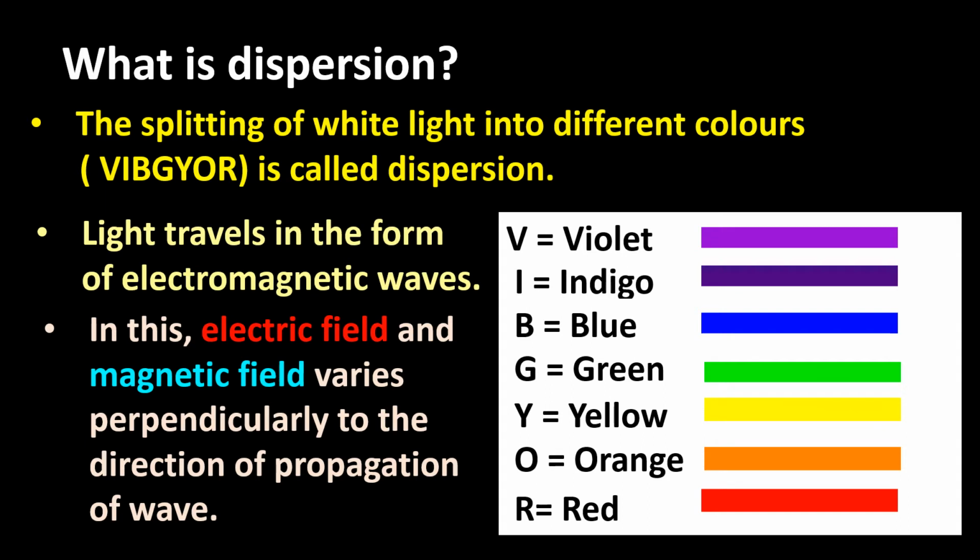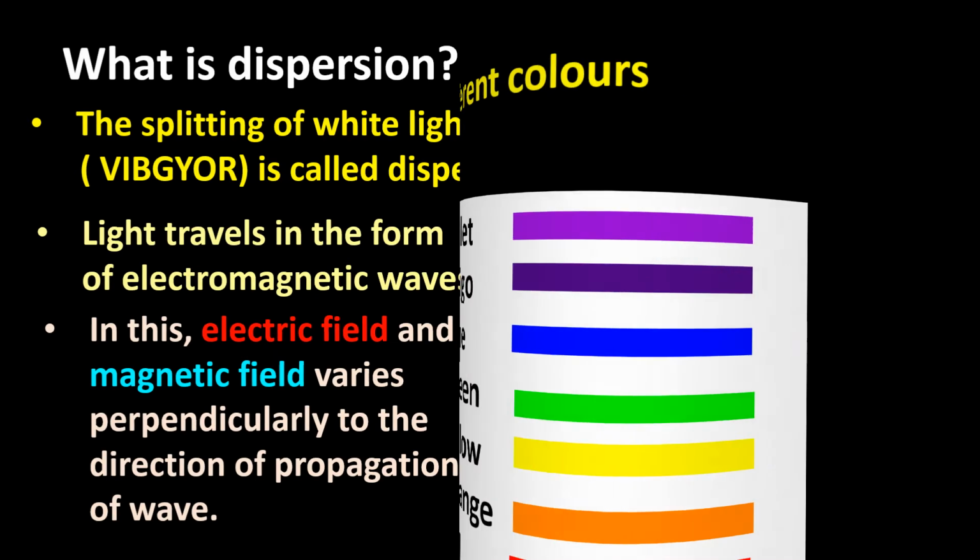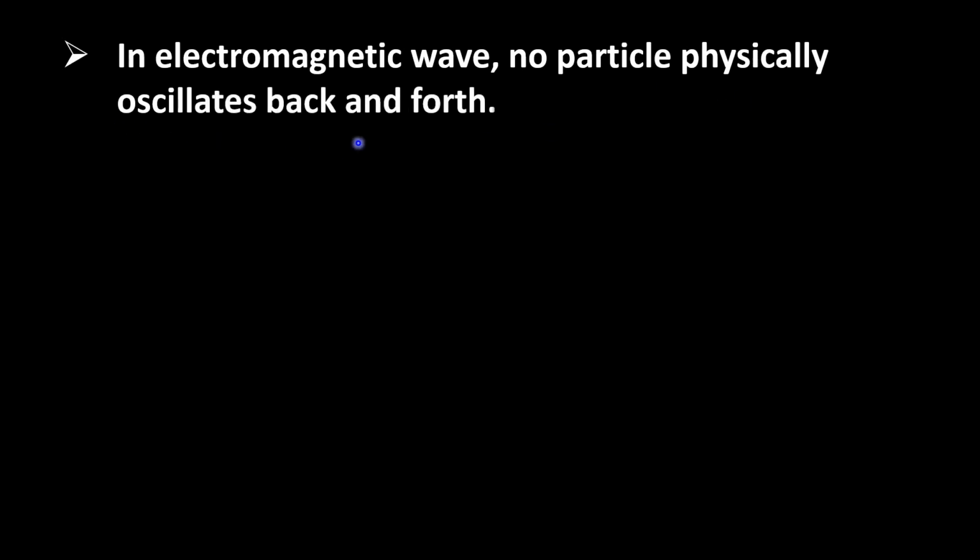Let us see how an electromagnetic wave propagates. In an electromagnetic wave, no particle physically vibrates or oscillates back and forth.